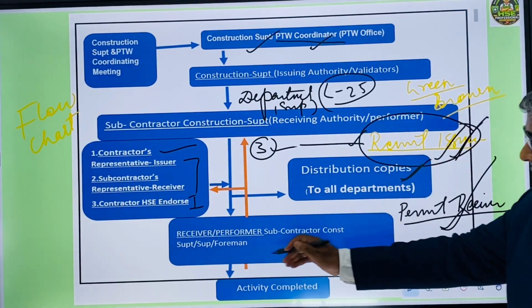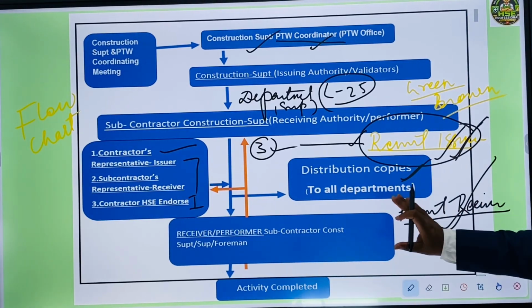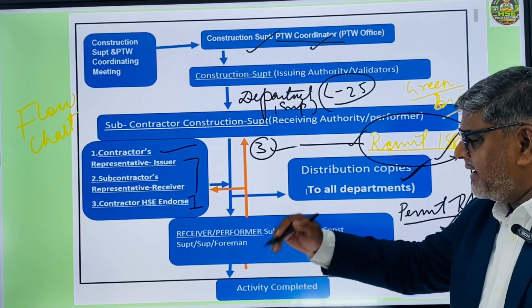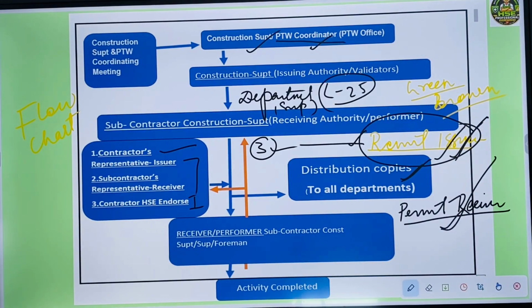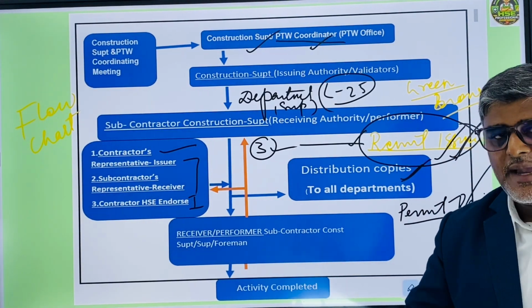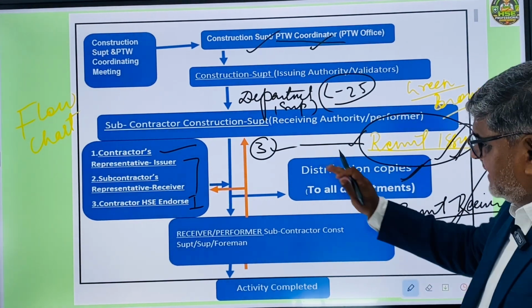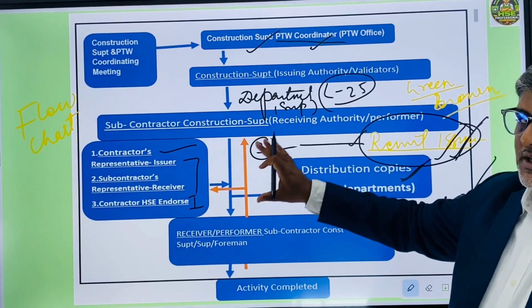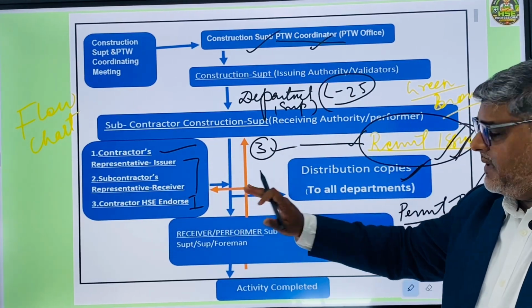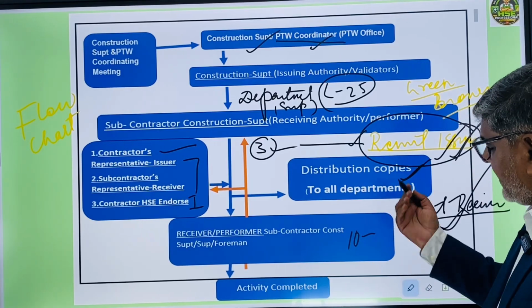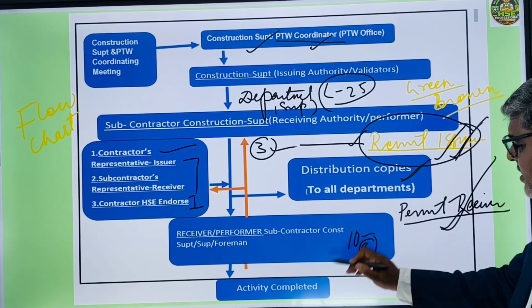The receiver will receive the permit, like the subcontractor foreman, supervisor, superintendent, or engineer. They have to go for training and certification, internally or through a third party. When they complete all this procedure and receive the permit, they will work for 10 hours or 8 hours, depending on their work schedule.